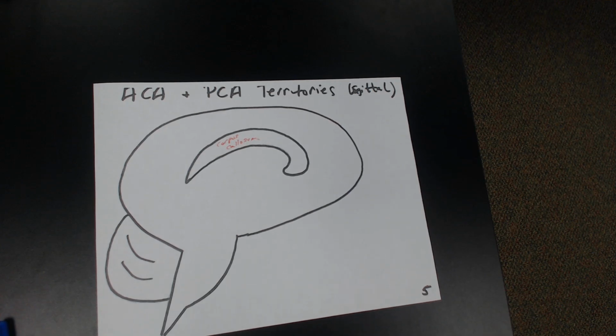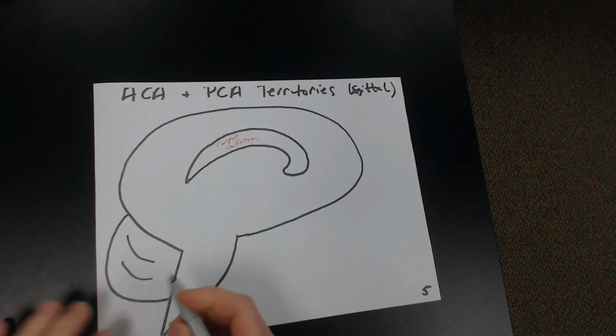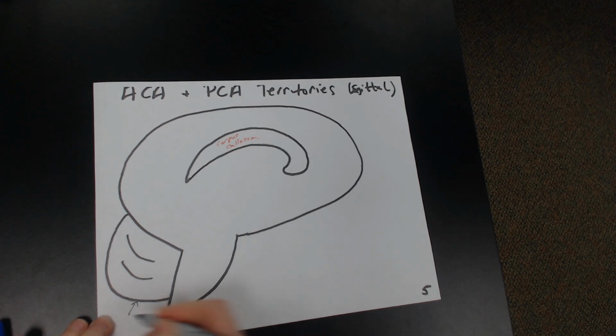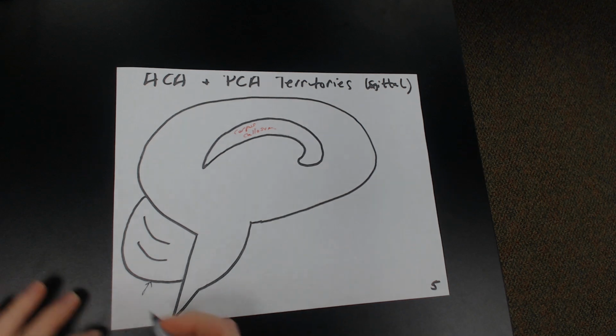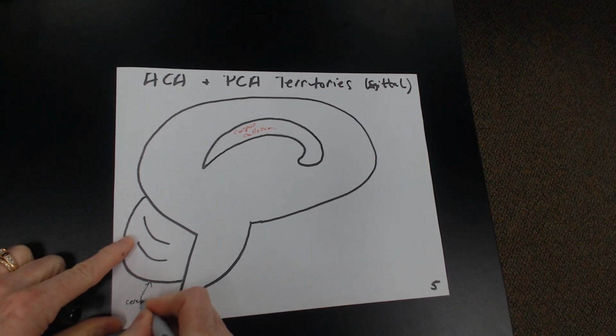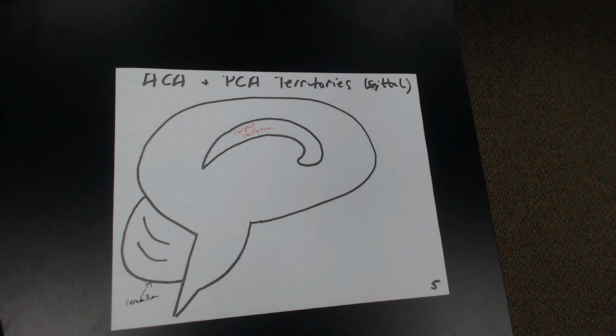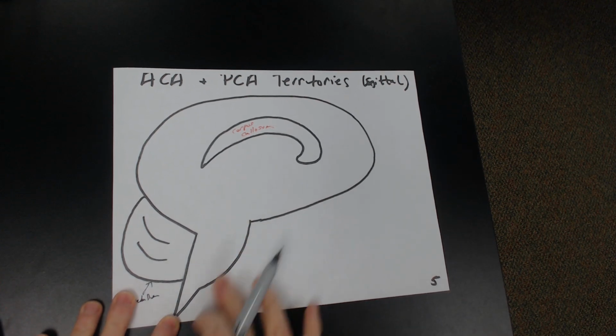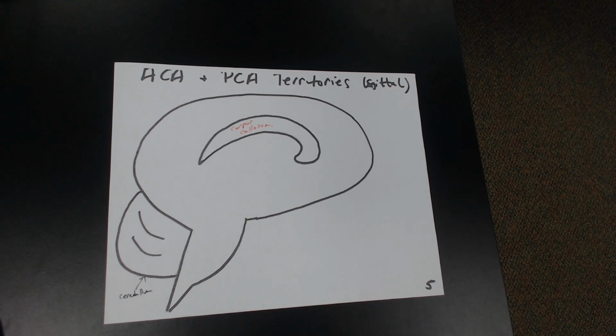And if I had to label this guy back here, what's that? That's your cerebellum. Good. Starting to recognize my drawing. And again, this is going to be your brain stem in here. And I'm going to start by drawing the anterior circulation in here.